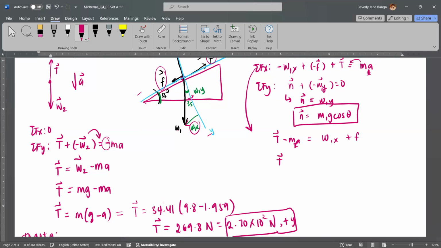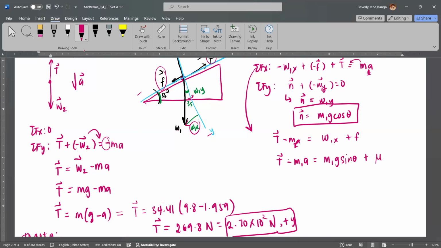And so I have T minus M1A is equal to, ano ba yung W1X ko? W1X is M1G sine theta plus F. Ang dami pala pa ililipat. Joke lang, okay lang yan.